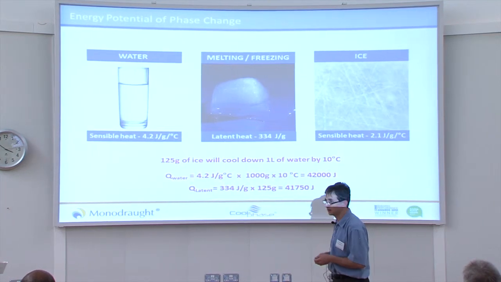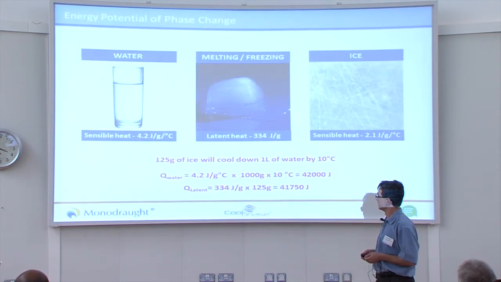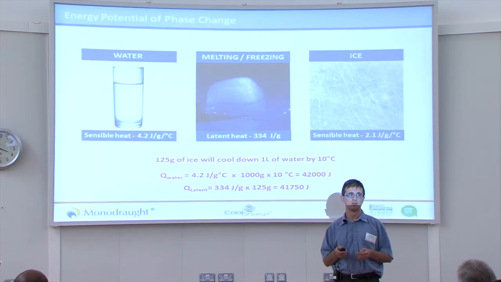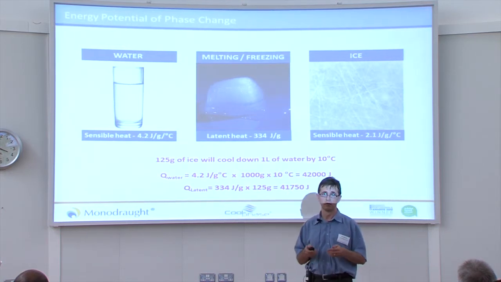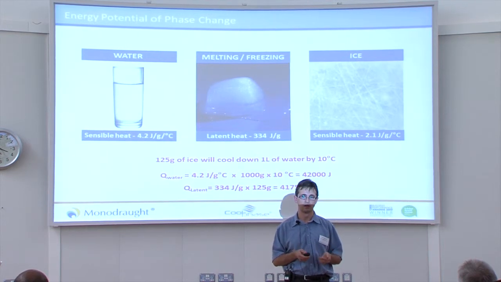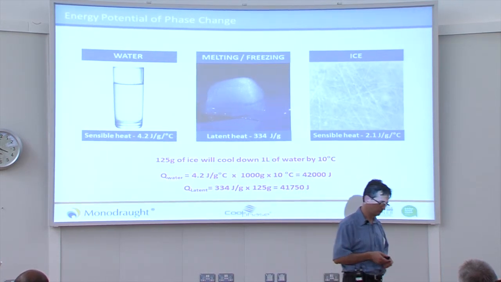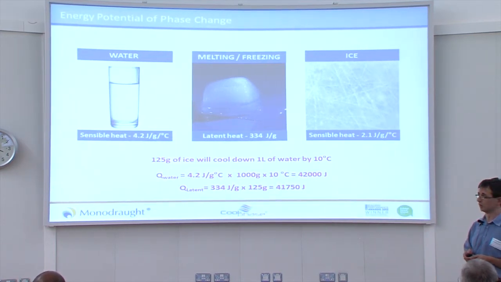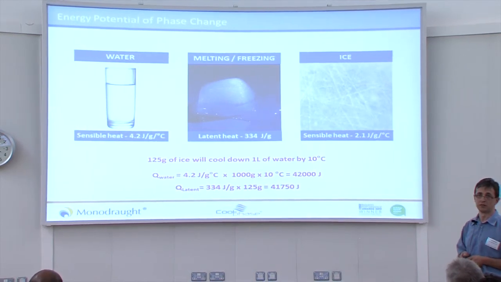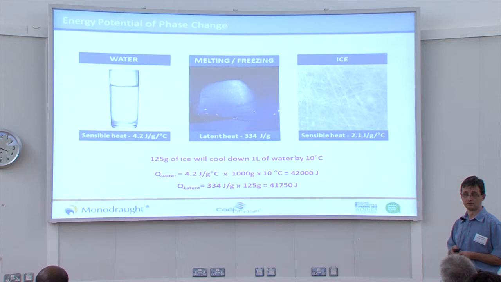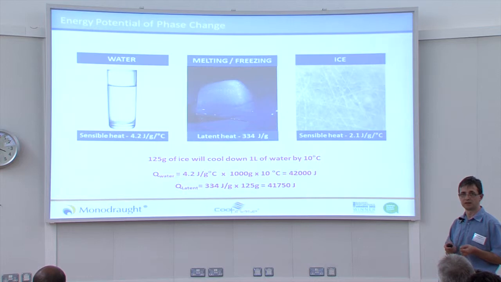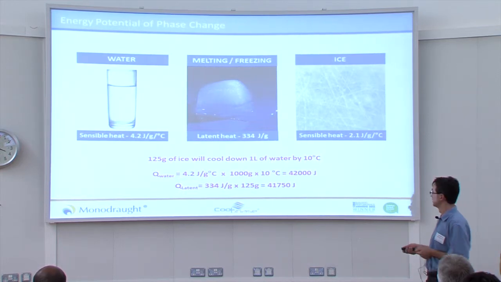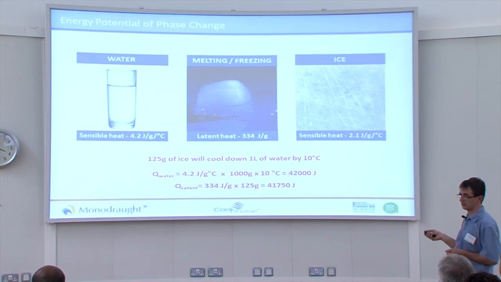So the analytics behind this is simply you multiply the latent heat of the ice with the mass of the ice, and then you get the energy you are taking out from the water. And for the water, you simply multiply the heat capacity of the water with the mass and the temperature difference. Right? So in each case, you are arriving at about 42 kilojoules.